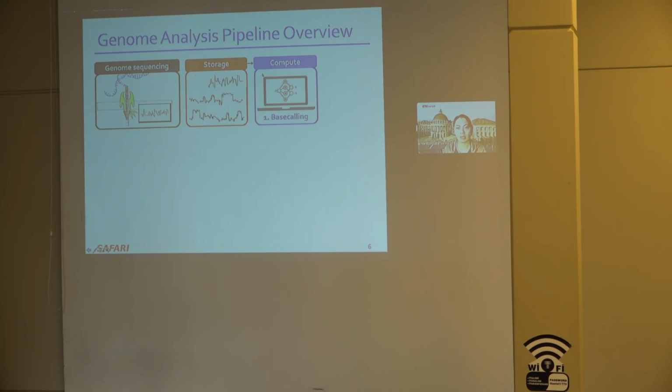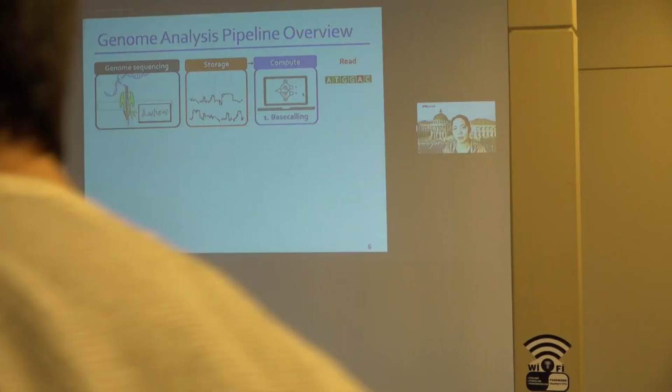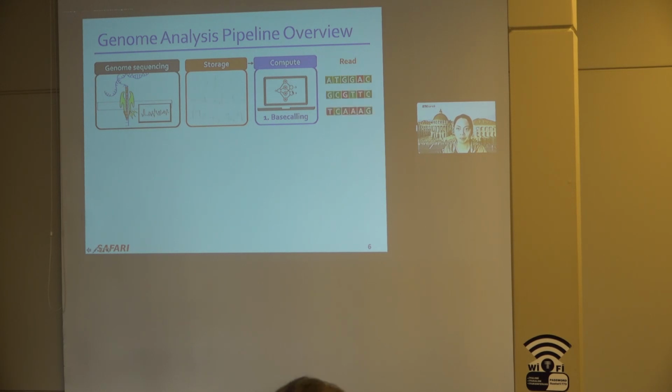In base calling, we chunk the raw signals into chunks, pass them through deep neural networks, and base call them into chunks, and then we assemble them into a read. Here we use green to represent high-quality base calling, and red to represent low-quality base calling. After we finish base calling all of the raw signal sequences, we get all of the reads, and we store them in the storage.